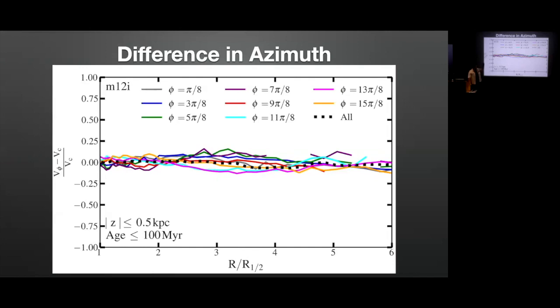And again, if all of this followed 0, then they track the actual GM over R rotation curve. And so again, this seems to work really well, even better than 25%, which is what we saw in the last slide.